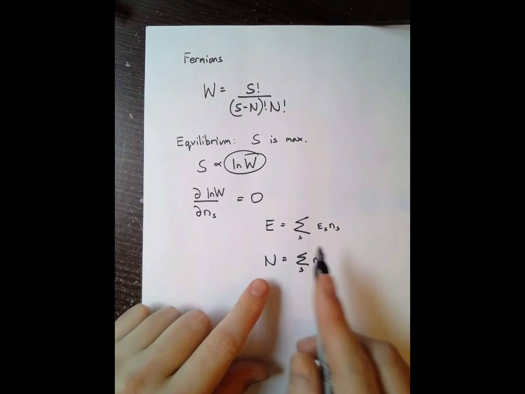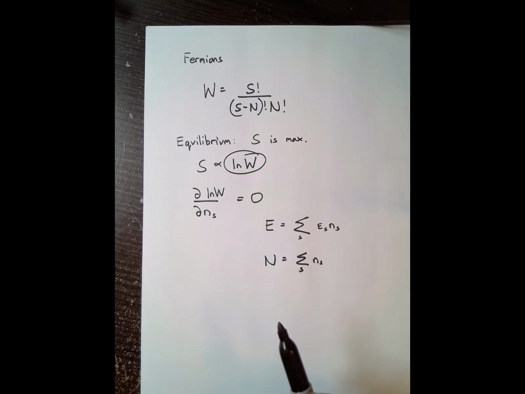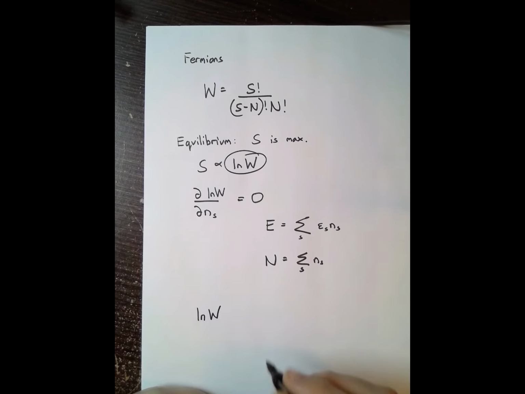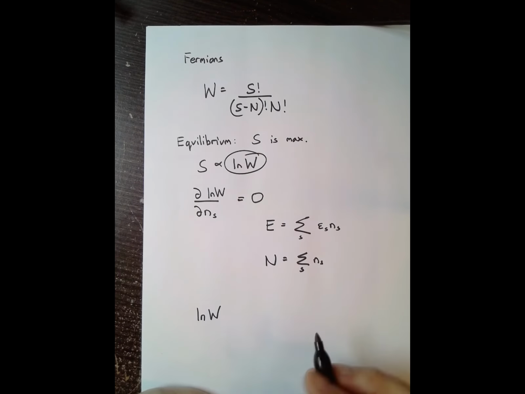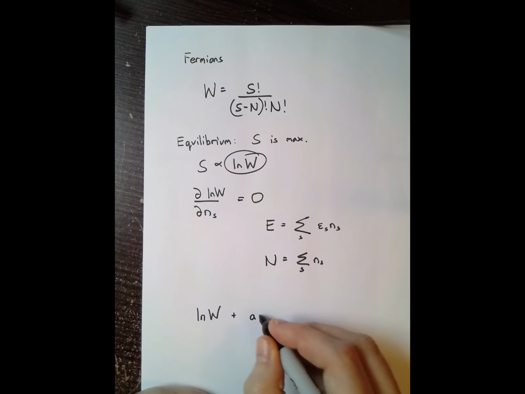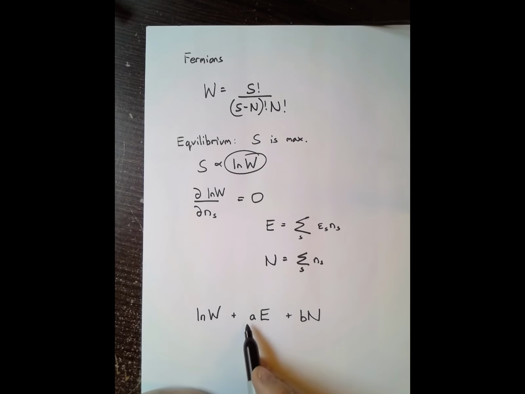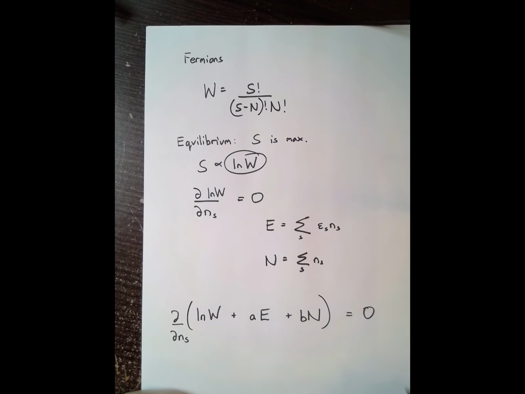To incorporate that information into here, you need to use the theory of Lagrange multipliers, which says that if you want to maximize or minimize a certain function under a certain set of constraints, you just add those constraints to the function you want to maximize or minimize, and put constants in front. These are constants we don't know yet, and then maximize or minimize the entire function.